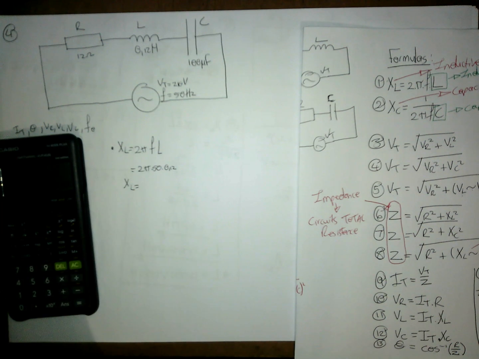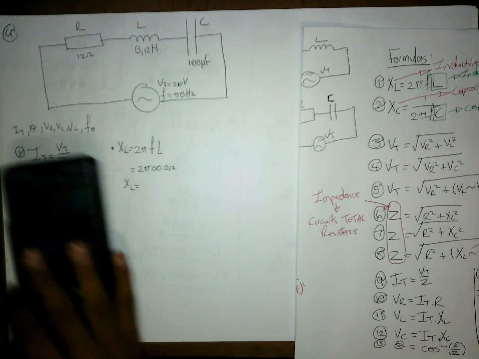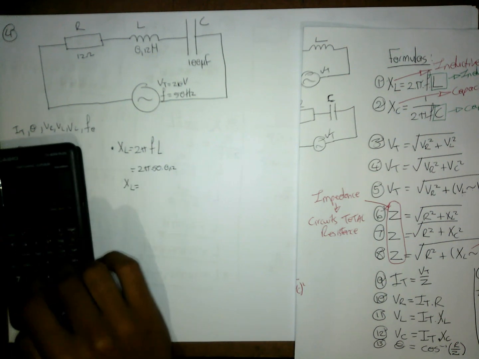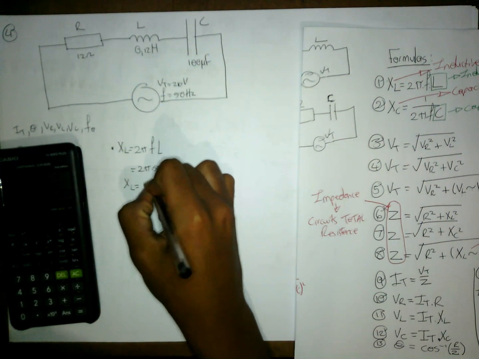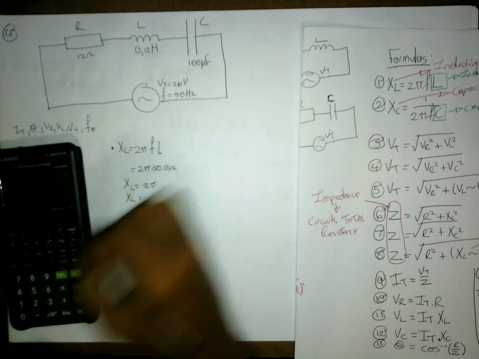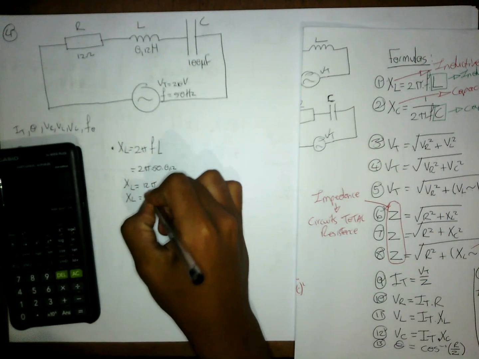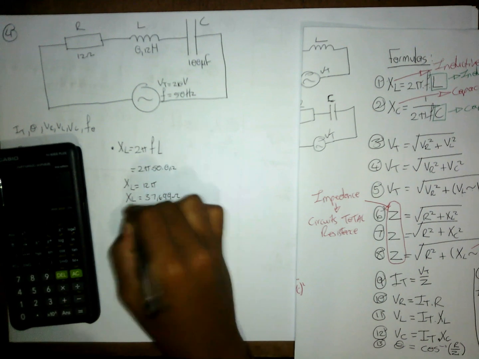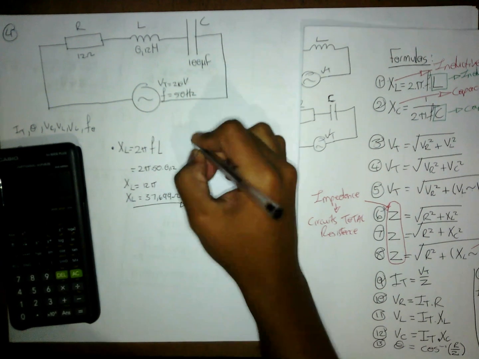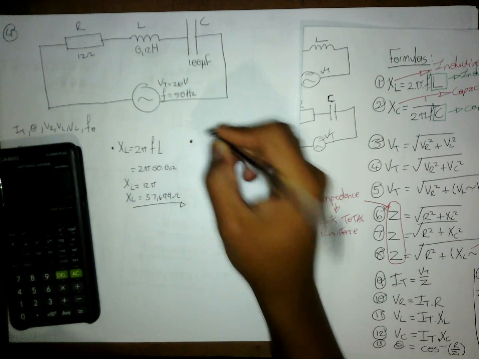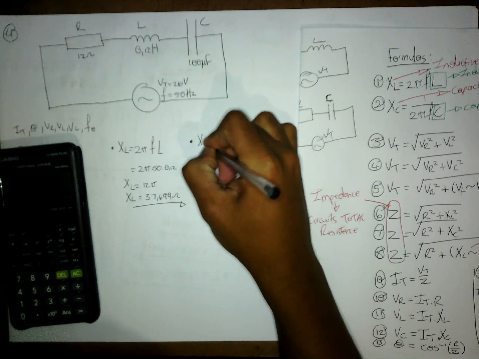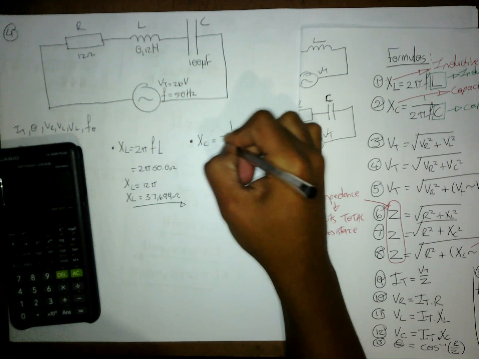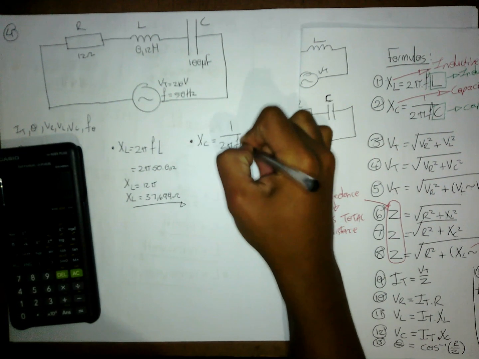Okay. I mean, now you can use that 12 pi. And the answer is in ohms, right? Should be in ohms. Then for our XC, we have 1 over 2 pi FC.